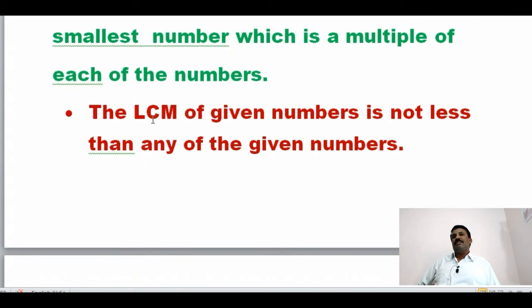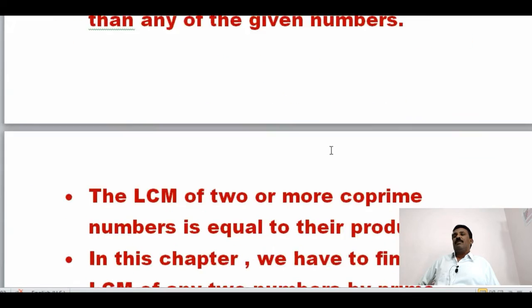Here the condition is that the LCM of given numbers is not less than any of the given numbers. The LCM is greater than or equal to the bigger one of the given numbers.